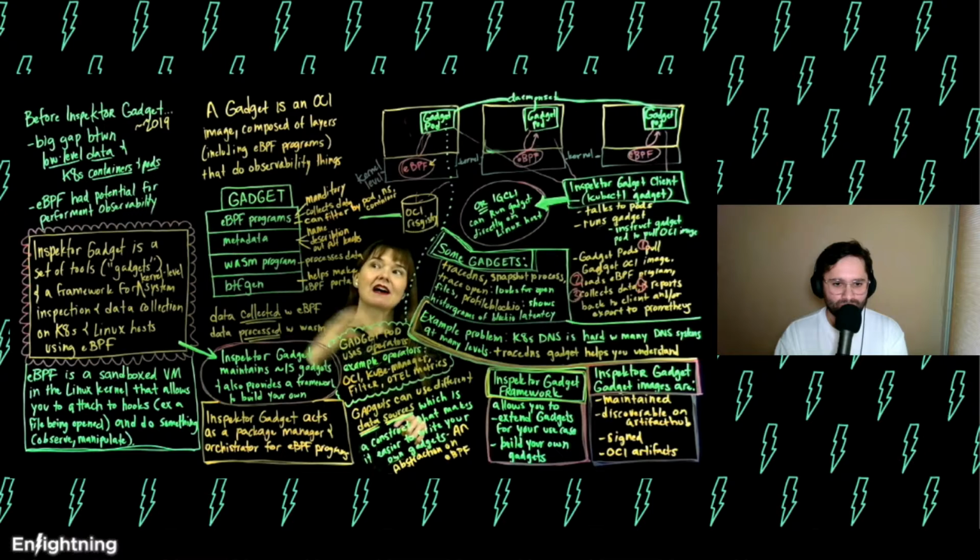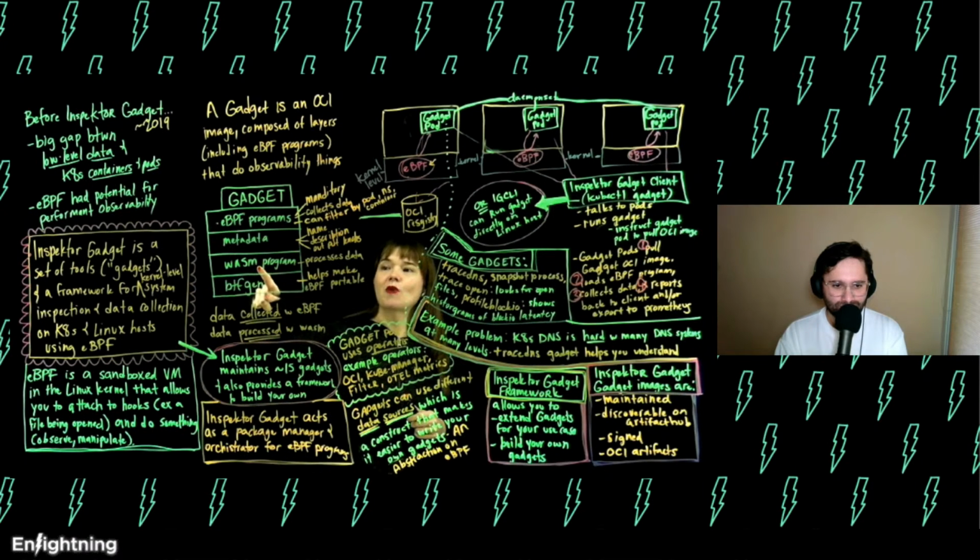But first I want to talk about the gadget layers. The eBPF layer is probably the most important to the story. It's mandatory. It collects data at the kernel level, and it can also filter that data if you want to only know about a certain pod or a certain namespace or a certain container. You can program that into your gadget. There's also metadata, which will have your name and description and output knobs.